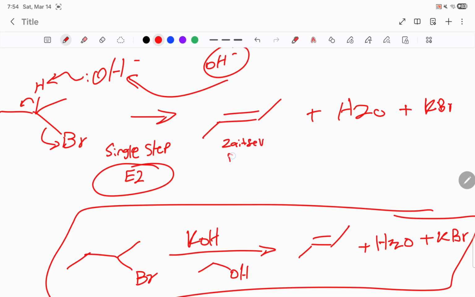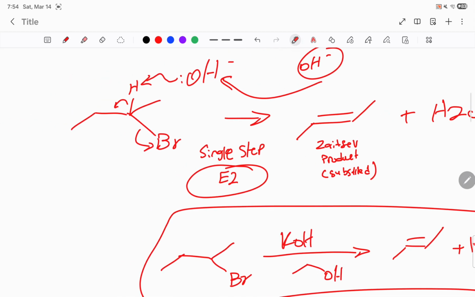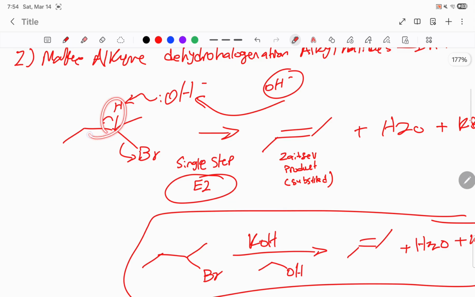Okay, it forms the Zaitsev product. And the Zaitsev product, again, is the more substituted product. I hope all of you understand what I mean when I say substituted. Substituted means lack of hydrogen. So this guy right here has 3 hydrogens. This one only has 1, and this guy only has 1.